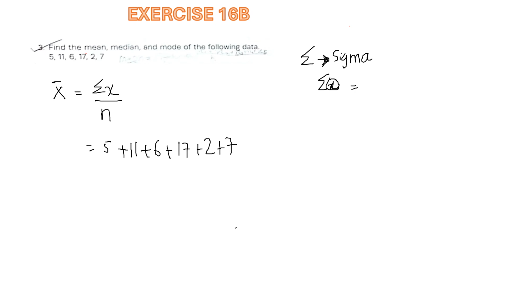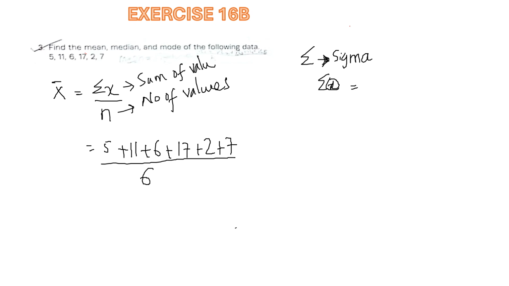These are the values of x which I have to add. And how many are they in number? Count them: 1 2 3 4 5 6. So I will divide it by 6. This n tells you the number of values, and this is the sum of values, right?